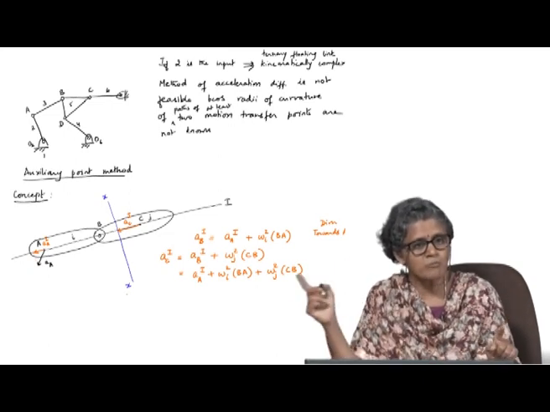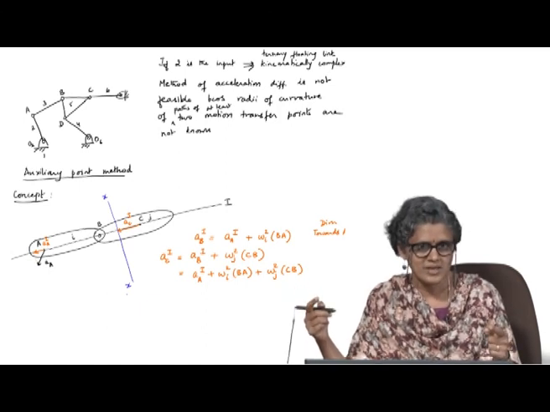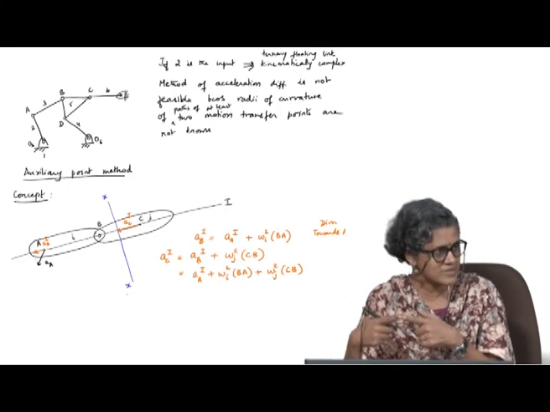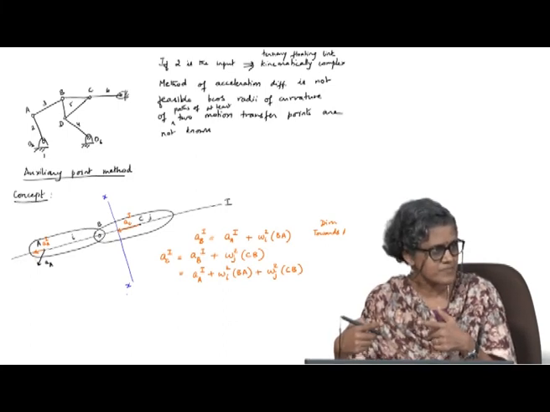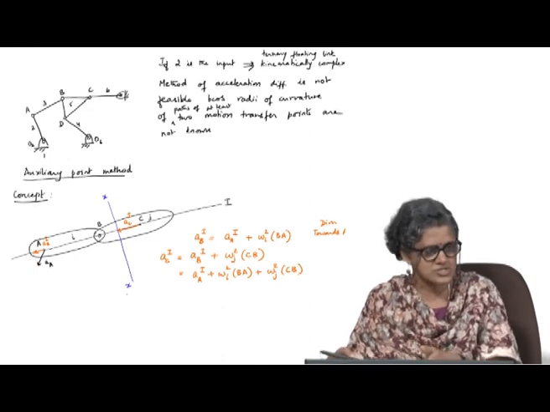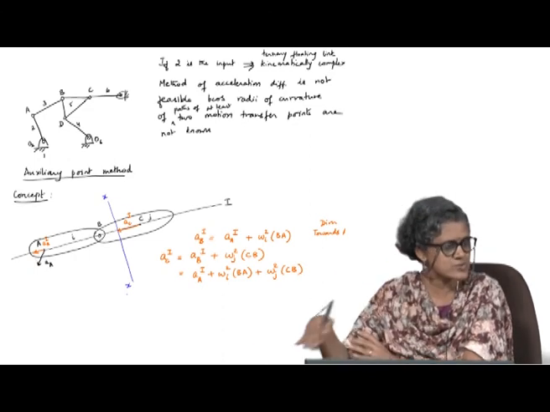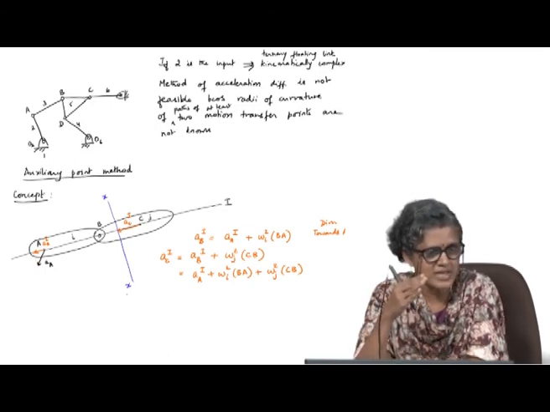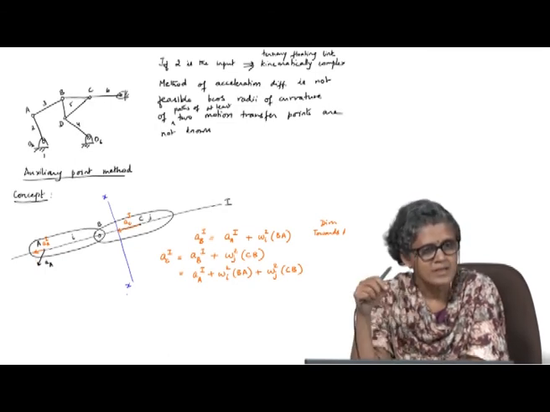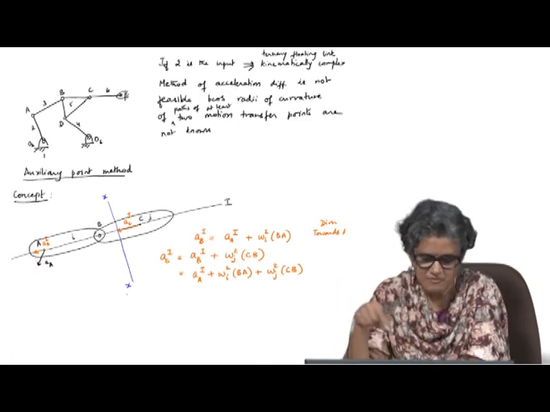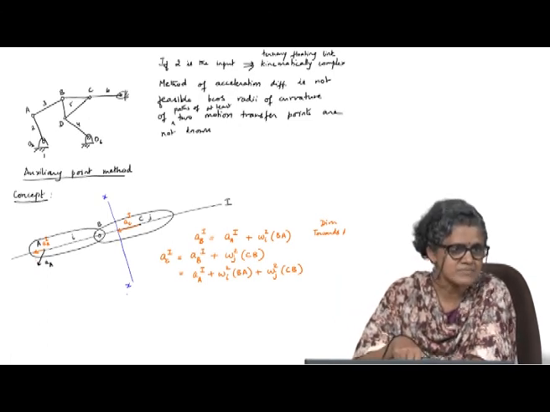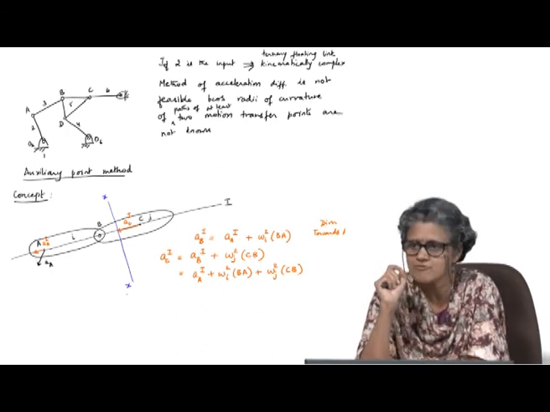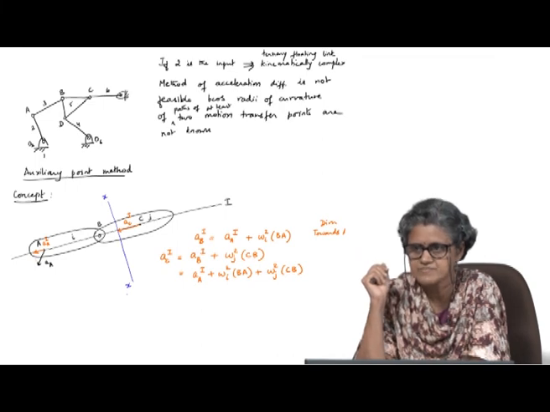If I know another component of the acceleration of C, through some other point, then the perpendicular to that, wherever that intersects this line, is going to give me the location of the head of vector AC.